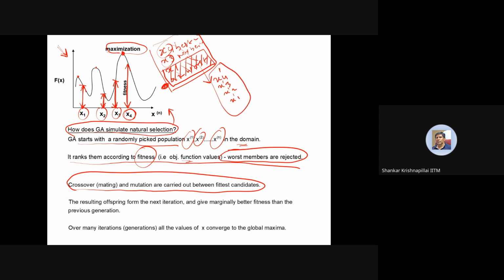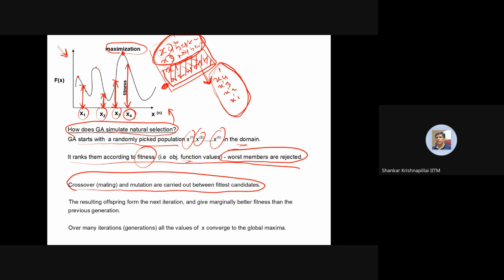So these four members are obtained by doing crossover and mutation of the two parents. Or you can say that these four are the children, or the offspring, of these two parents. So these four children will inherit some good properties of these two best parents.